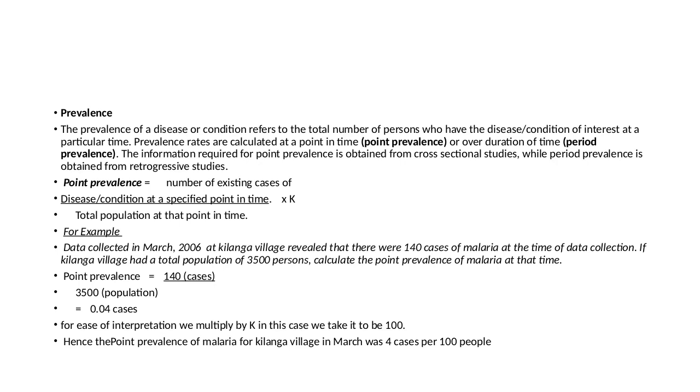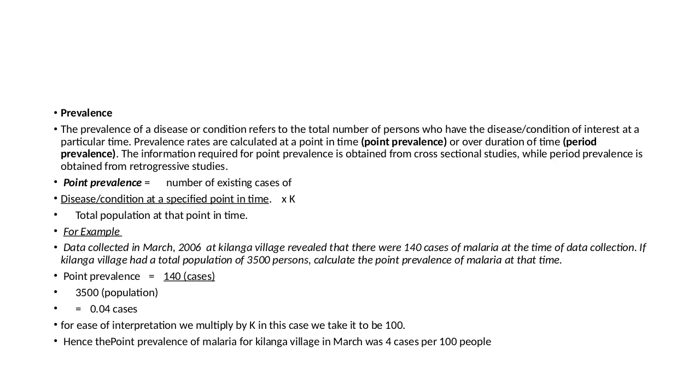When you're dealing with a duration of time, for example, in the past 2 years, the number of cases that have been reported for the past 2 years, that is period prevalence. So the information required for point prevalence is obtained from cross-sectional studies, right now at a point in time, while period prevalence is obtained from a retrospective study. What happened like 10 years ago, 2 years ago, 3 months ago? That is retrospective studies. You study diseases that have already developed at a particular period of time.